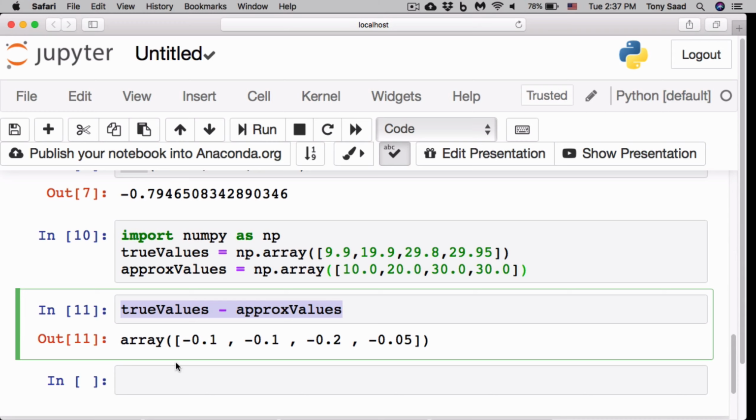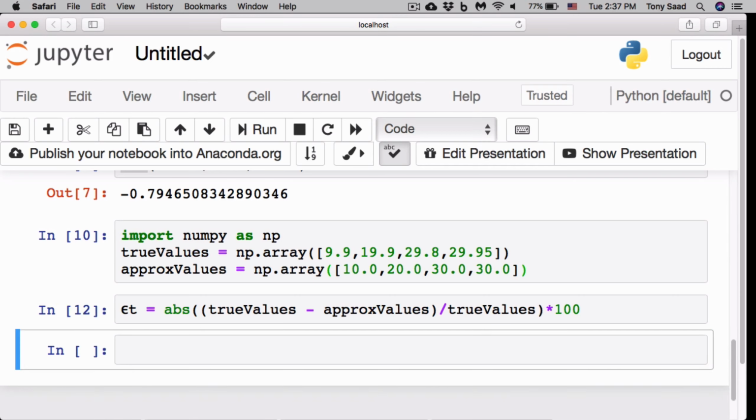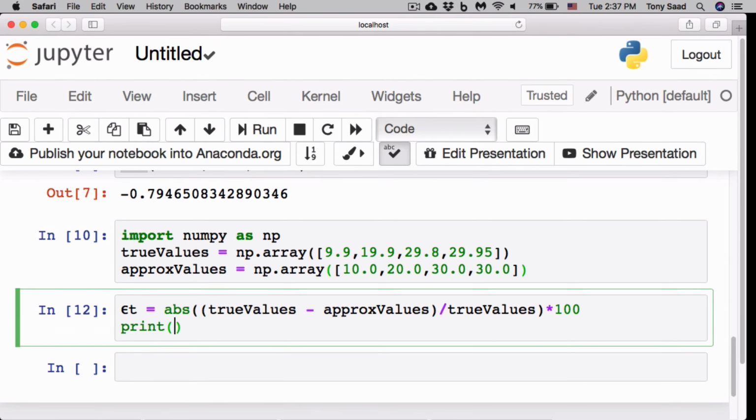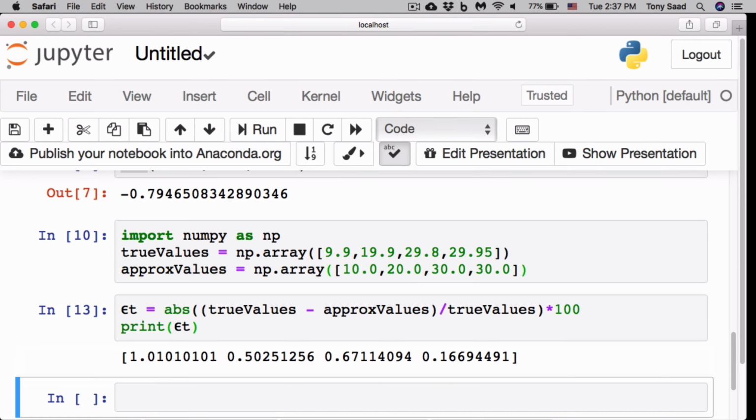And we can also do now the relative true error, and that's absolute value of true values minus approximate values over true values times 100. And now if you print epsilon t, you get these percentages.